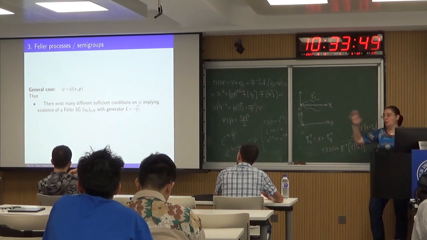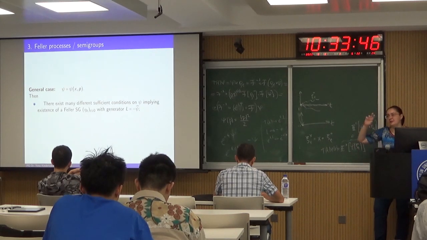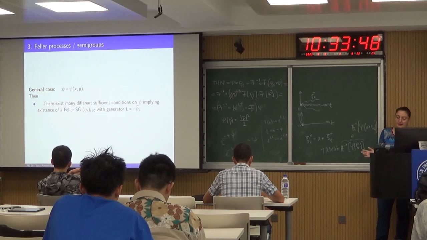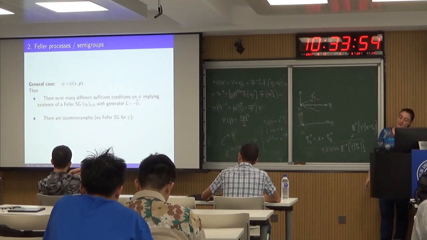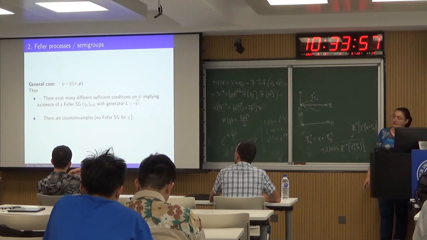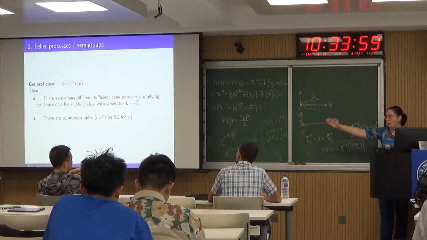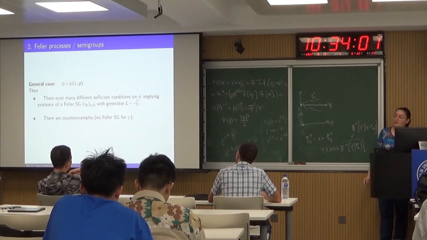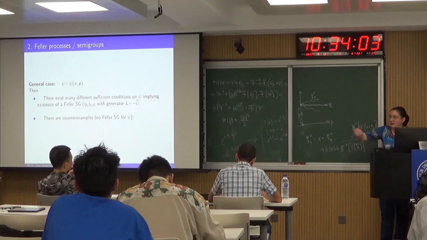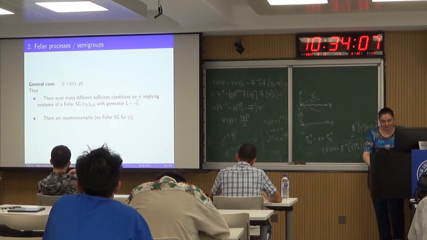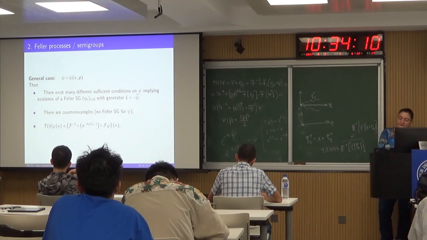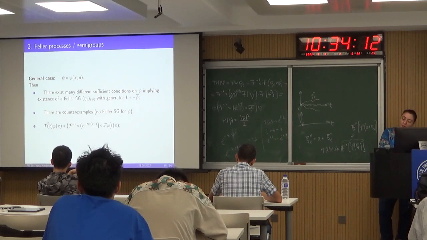It is given in different terms, in terms of martingales, in terms of SDEs, etc. But they are very different and they cannot be unified. There are counterexamples: some psi's given by this terrible formula are not generators of Feller semigroups. Moreover, we don't know what these operators look like.